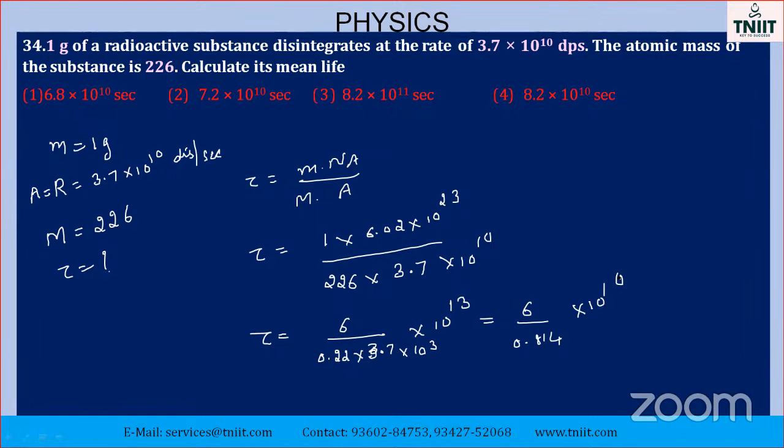So what is 6 divided by 0.814? It is 7.3 into 10 power 10. So answer should be close to 7 point something into 10 power 10, which is there in option 2.